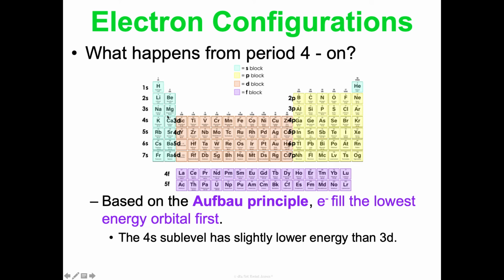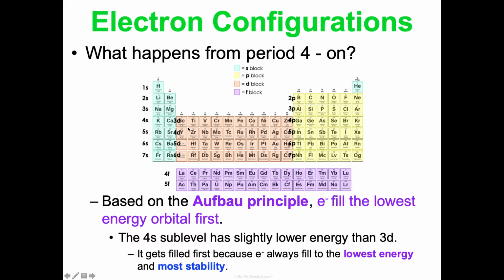And so what happens is the 4s sublevel, that orbital, has actually slightly lower energy than 3d, which is why it goes first. So technically, the 2 electrons will put themselves in the 4s before they start filling the 3d orbital. It gets filled first, again, because it always fills the lowest energy level, with the most stability.